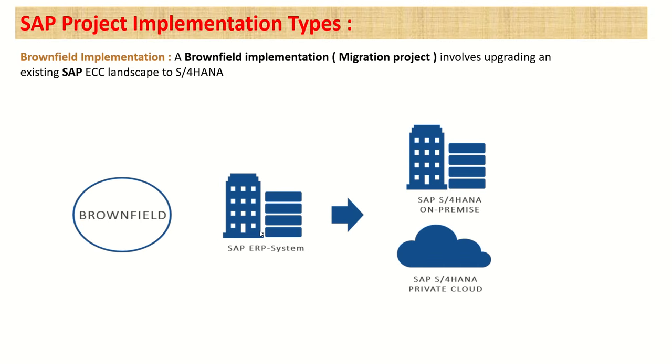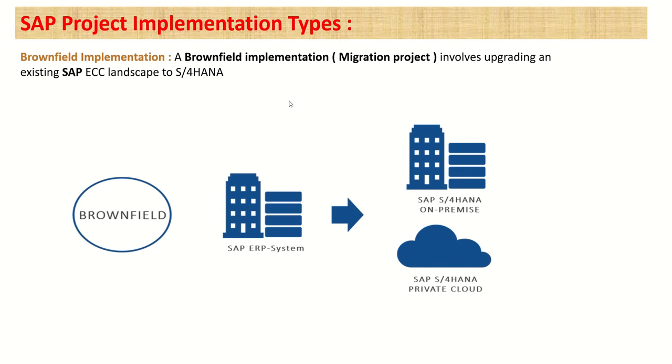They might be using the SAP ECC system and they want to move on to S4HANA, with the custom code, all the inbuilt functions, all the existing function configuration, and the custom code which they implemented. They want to upgrade the system from ECC to the S4HANA system. So those types of projects are called a brownfield implementation, a migration project.